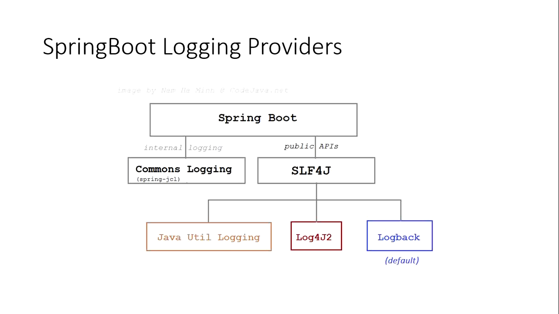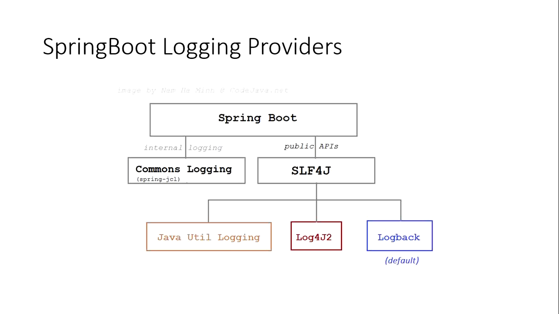As everybody knows, right from day one, Log4j was a quite popular logging framework. After that, logback came into the picture. Logback was written by the same developer who wrote log4j.